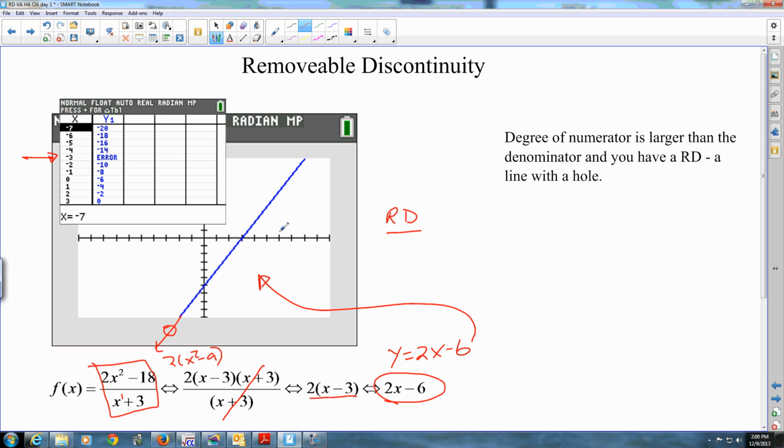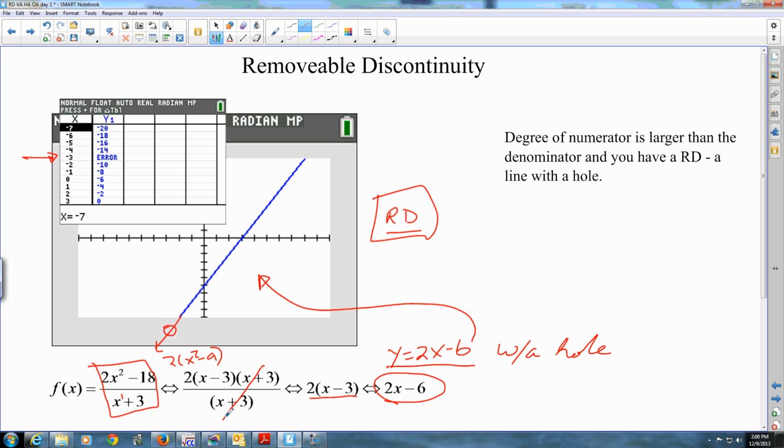These holes you'll never be able to see on the graph. They will always be invisible. But when you look at your table, you'll be able to see them. They will never show up on the graph, but they'll always show up on the table. Okay? So this is a line with a hole. It's a line with a hole in it.